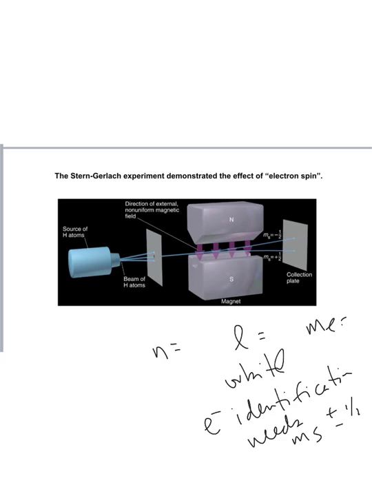The only way that you could separate a bunch of, let's say, hydrogen atoms, half of which have a spin up and half of which have a spin down, is to put them in this magnet, an inhomogeneous magnet. Half of them get attracted, half of them get repelled, and you see there's only two possibilities. That's the fourth quantum number. So 3 quantum numbers give orbitals, and 4 quantum numbers for electrons.